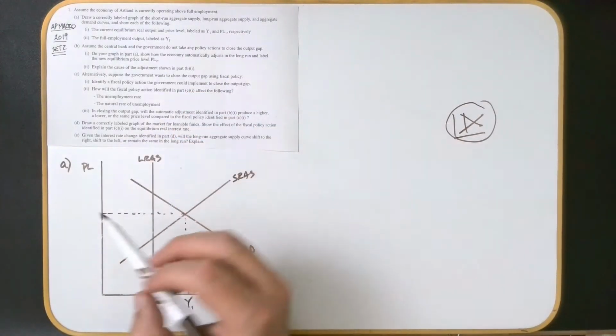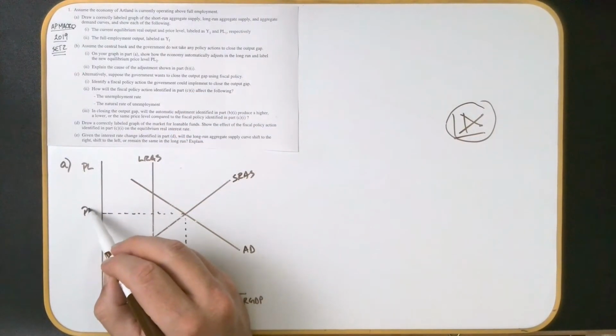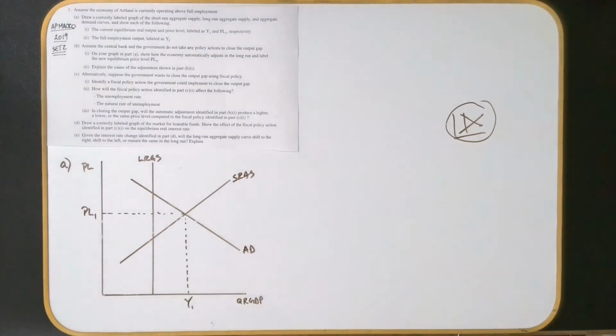Okay, and we have our price level sub 1. Okay, got everything we need there. So that's 1, and then for 2, full employment is Y sub F. So full employment is where the LROS is. There we go. So there is A, 1 and 2, got it done.